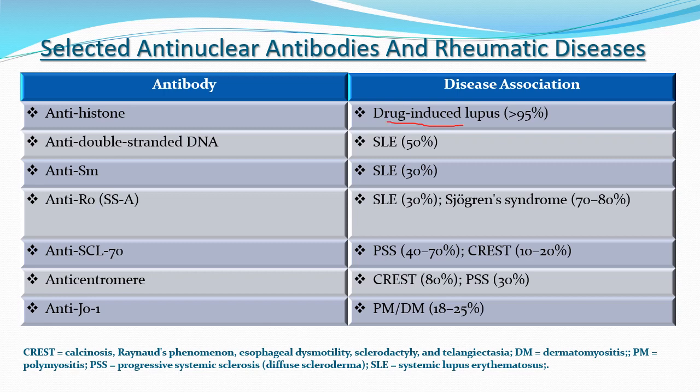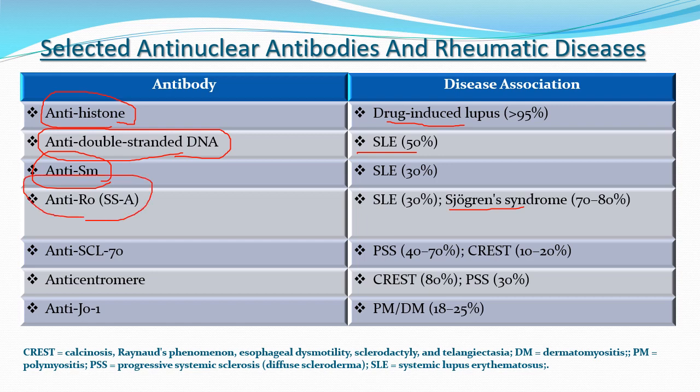For example, drug-induced lupus is characterized by the presence of antihistone antibodies. And most cases of systemic lupus have a positive test for anti-double-stranded DNA. And a very specific antibody for systemic lupus is called anti-Sm or anti-Smith antibody. And in Sjogren syndrome, we will find another autoantibody which is called anti-Ro antibody.